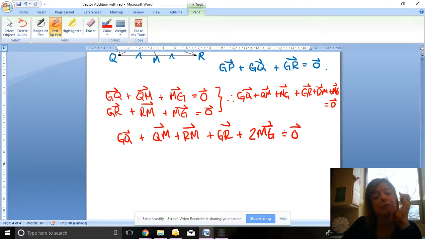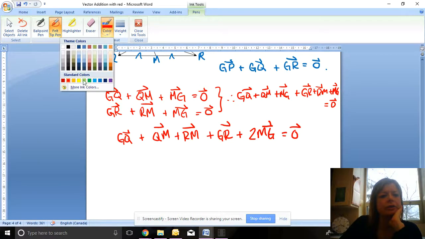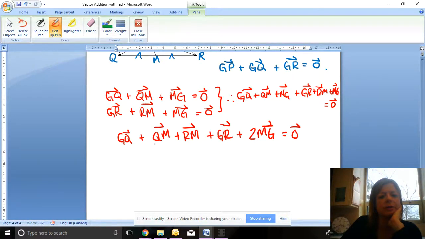All I've done is move some of these addition pieces around, and instead of writing an MG and an MG, I've written it as 2MG. There are two different conclusions we can make. Look at QM and RM. Those are opposite vectors, so they actually sum to the zero vector.